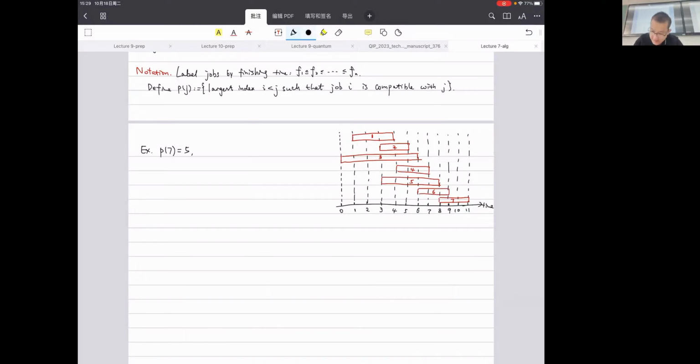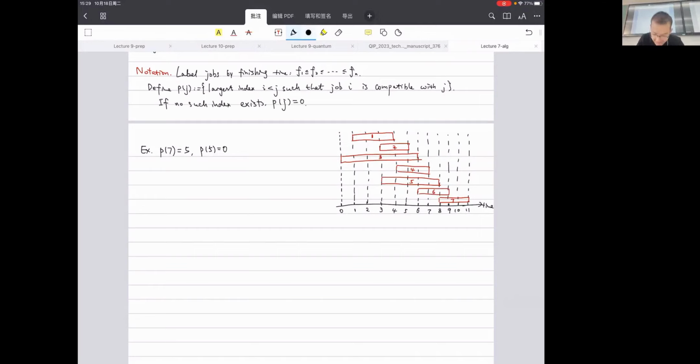For instance, what is the value of P5? Unfortunately, I should probably give a further explanation here. If no such index exists, we say Pj equals 0.